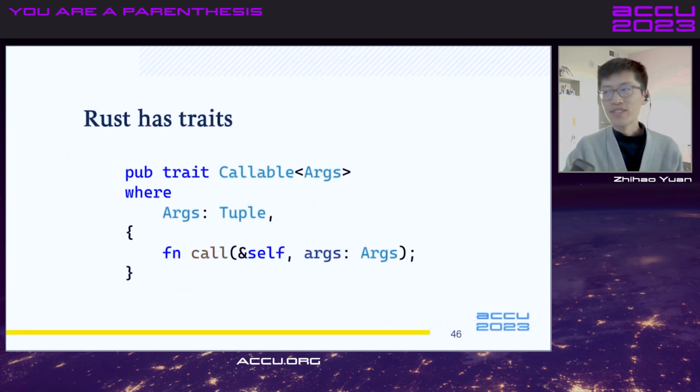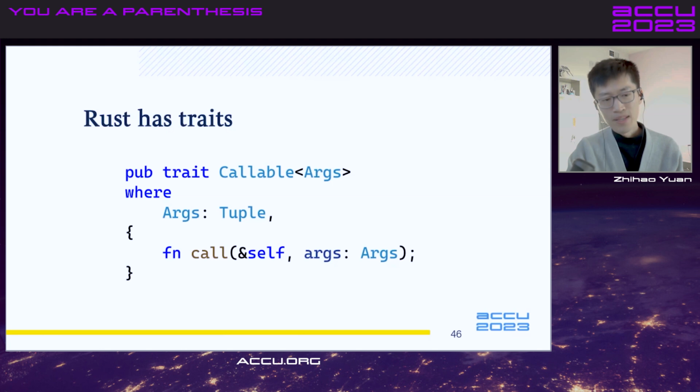Rust has traits. What I showed on screen is not a trait in the standard library. Rust almost has operator parenthesis, but doesn't really need it. I'll explain later why. So on this slide, I hope you can remember how the trait looks.